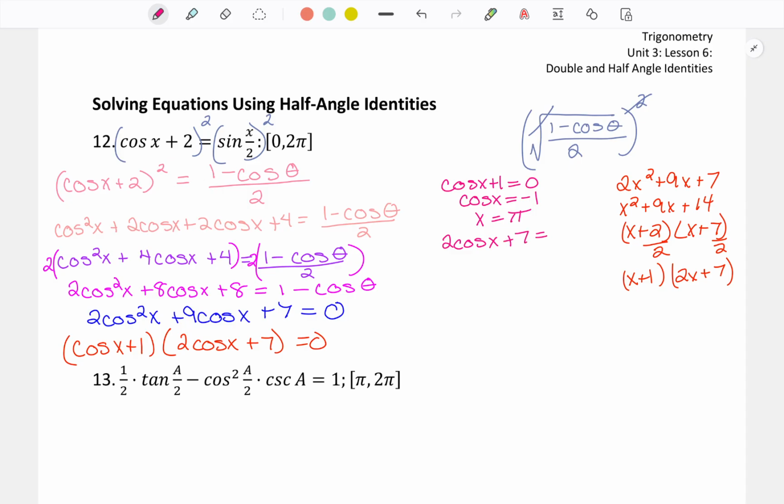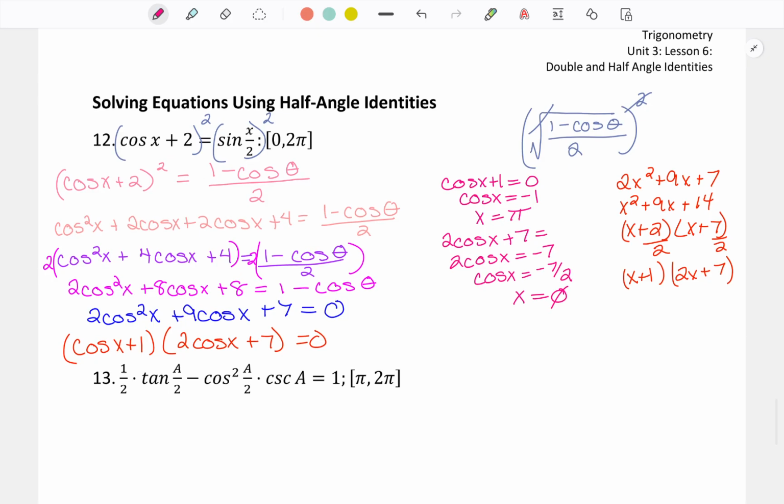So we're going to subtract the 7. And so 2 cosine x equals -7. So cosine x equals -7 over 2. So this is way out of range for cosine. So there is no solution for that factor. So our only solution for the entire equation is pi.